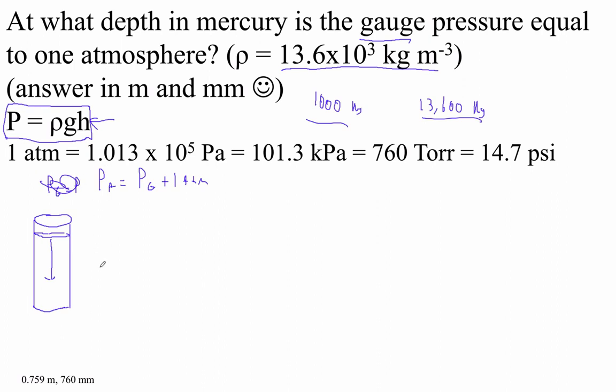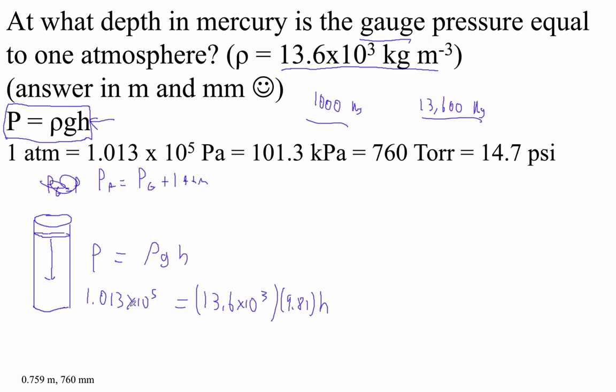Okay, so 1 atmosphere is that. So we're going to go P is rho gh. Pressure is 1.013 times 10 to the 5th is 13.6 times 10 to the 3rd times 9.81 times whatever that depth is, right?